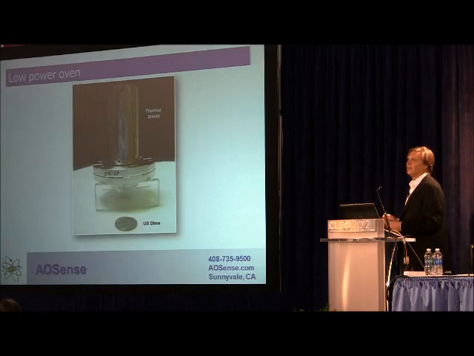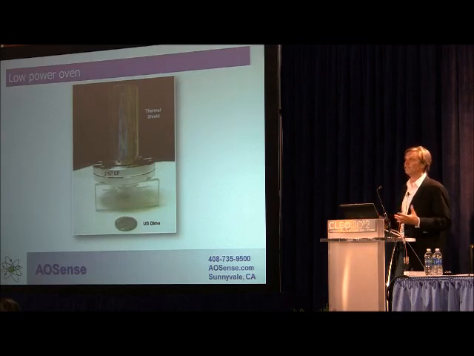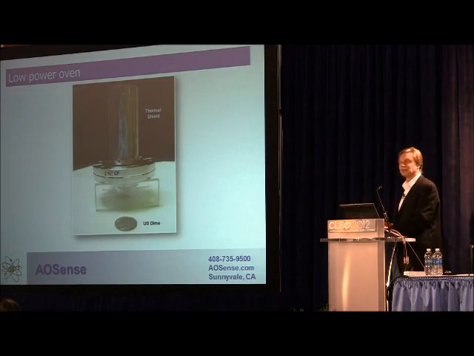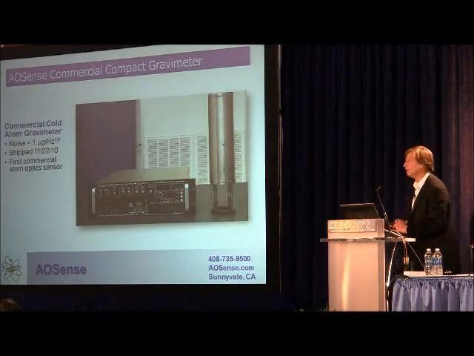This is a beautiful oven that Tom put together, which if you supply 3 watts of power, out comes a really nice beam of strontium atoms. Most of the stuff we build is kind of government only and so forth, but this is something that we're happy to talk to academic research groups about if they're interested in getting this in their apparatus.